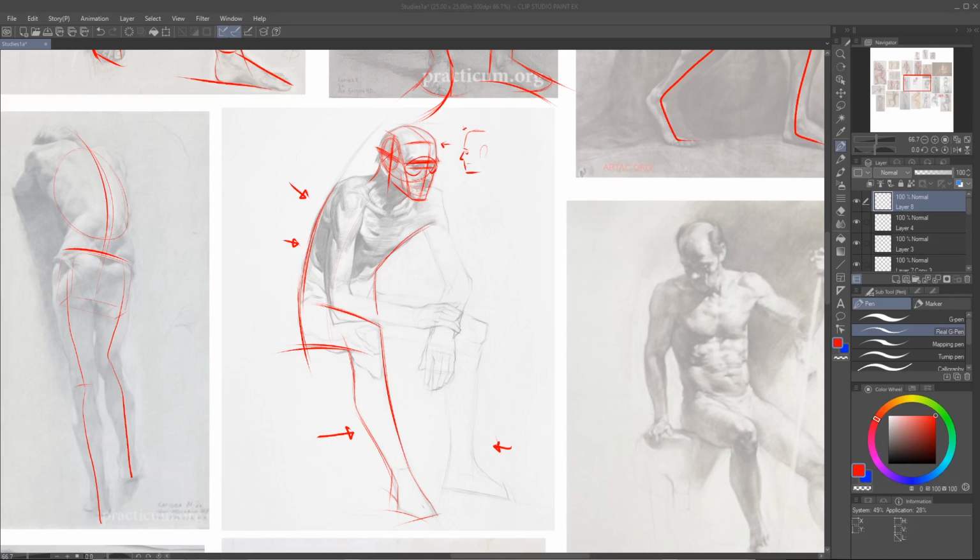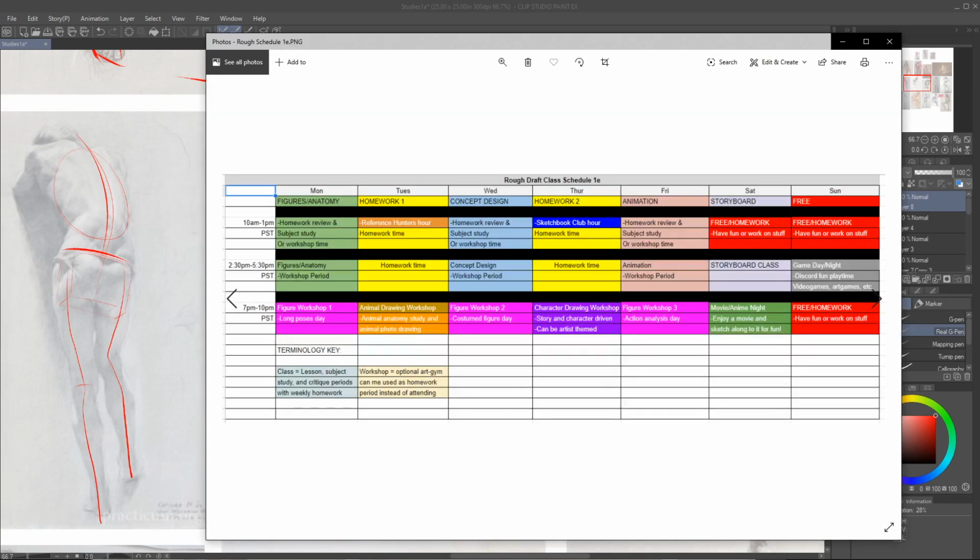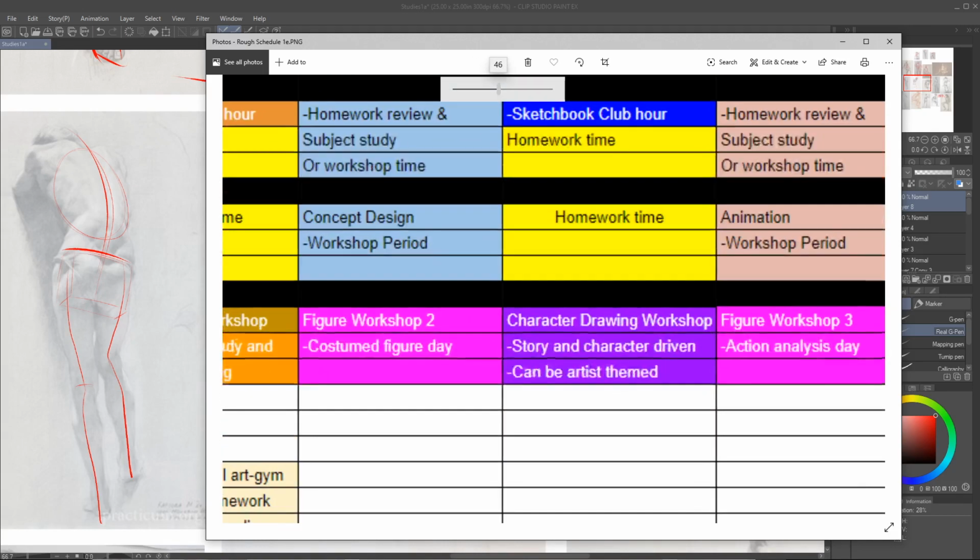But let me bring it up on Discord, if I can find it. There we go. So here's a rough draft of the schedule that I have planned. Oops. Ignore Dante there.